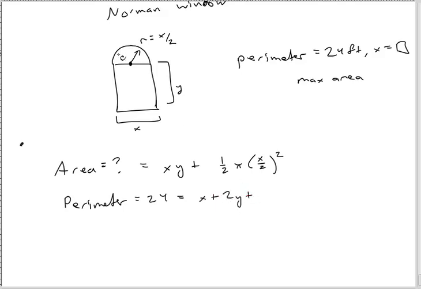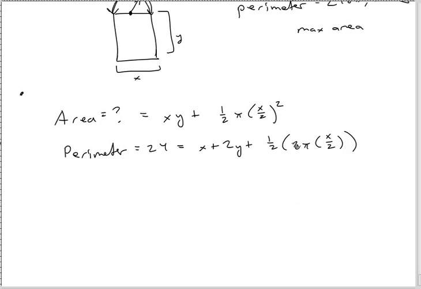And then we have half of a circle's arc length. That's half of a 2 pi r, because that's the circumference of a circle. And again, r is the x over 2. Thankfully, these cancel. We still have another half there. So I got 1/8 pi x squared, and that's going to be my area.